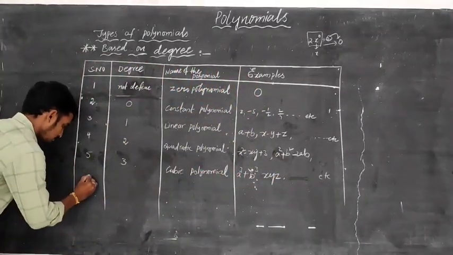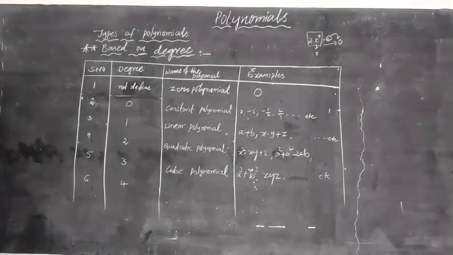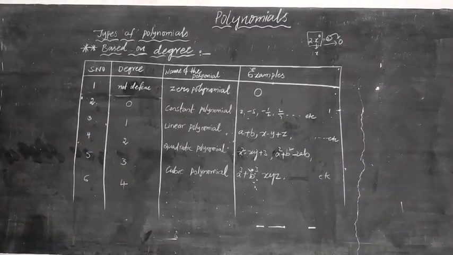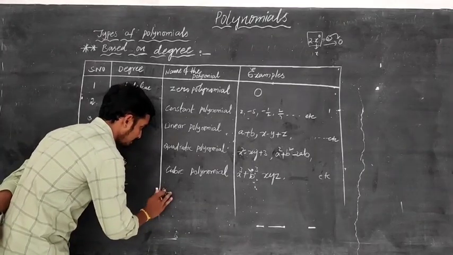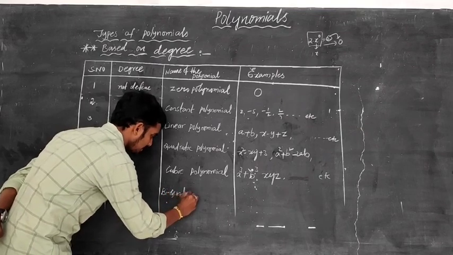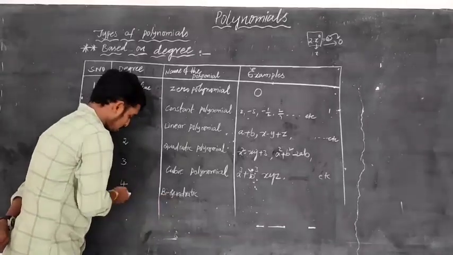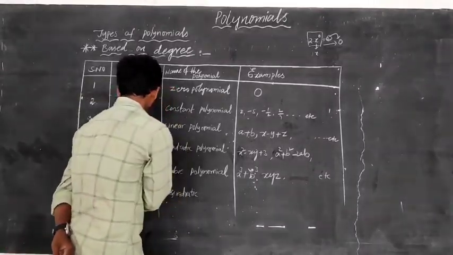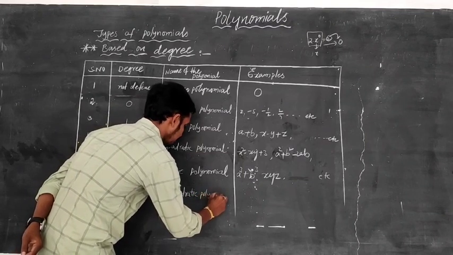Next, and the last one, the sixth one: the degree of a polynomial is 4. Then this is a biquadratic polynomial. The name of the polynomial is biquadratic. What is the meaning of quadratic? Quadratic is 2. Bi means 2. 2 twos are 4. That's the degree of the polynomial, 4.